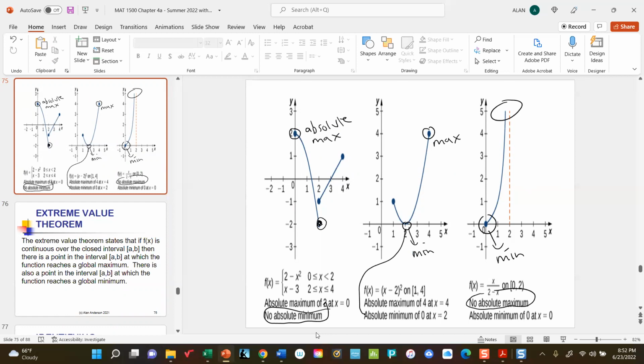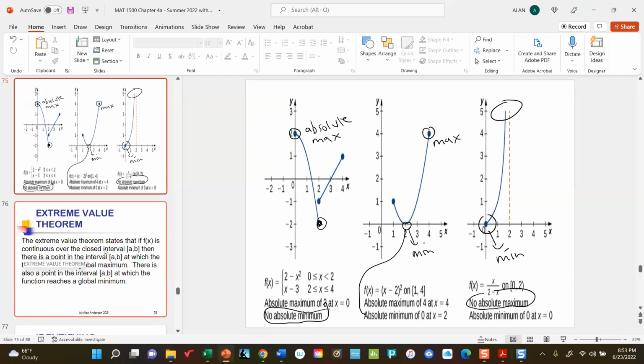Okay, so you can see you're potentially going to run into some of these very strange cases, but for well-behaved functions like parabolas and that type of thing, you should have no difficulty whatsoever identifying the absolute and relative minima and maxima if they exist.